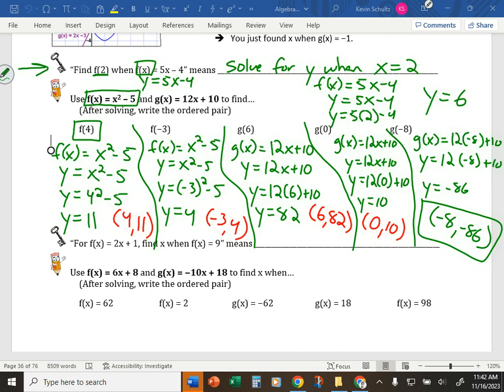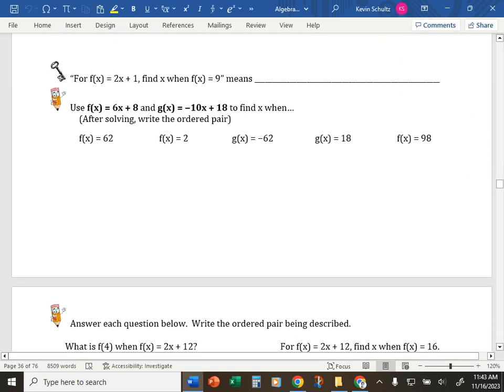The other thing we can do with function notation is when I give you y, you solve for x, and that's what the second chunk explains down here. This is a key point as well. It says, for f of x equals 2x plus 1, find x when f of x equals 9. The way this is phrased gives you 2 hints as to which variable I am giving you.